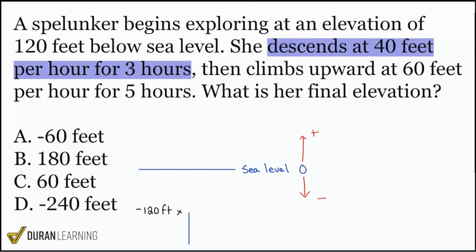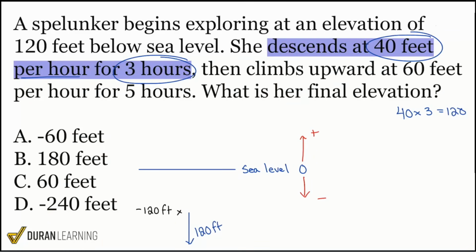We'll be going down, and that's going to be a distance of 40 times 3, because remember, distance equals rate times time. So we have 40 feet per hour times 3 hours. And if we do that right over here, 40 times 3 gives us 120. So we are going down by another 120 feet.